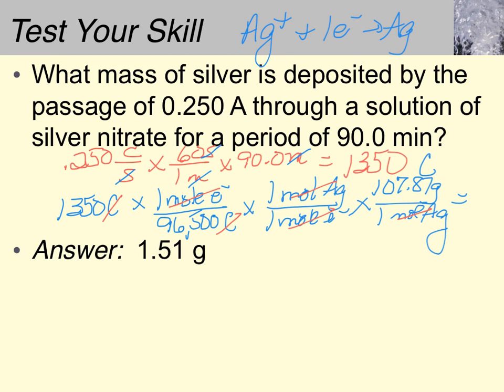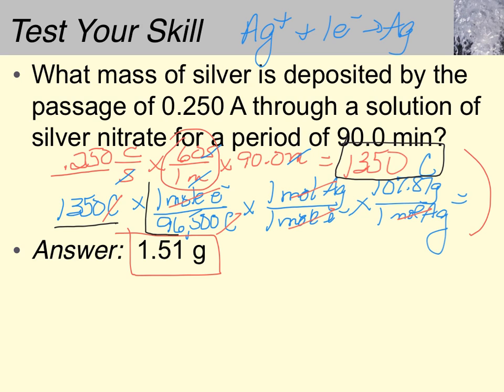The answer to this is 1.51 grams. So how'd you do? I worked it out right here if you need to check yourself. But remember, you start with amps, convert seconds to minutes, and your intermediate is you have 1,350 coulombs.